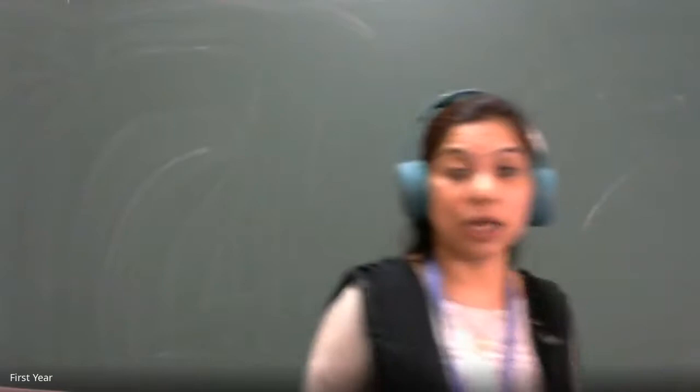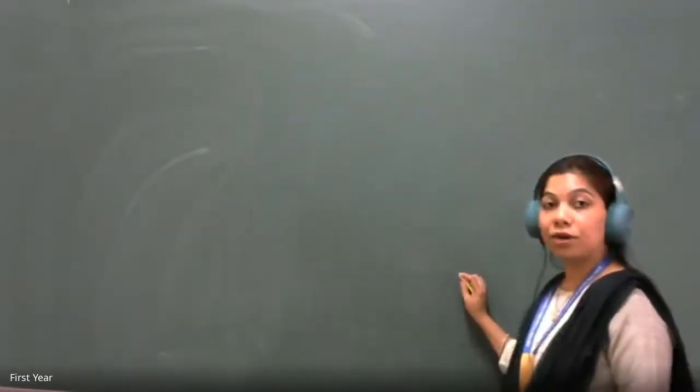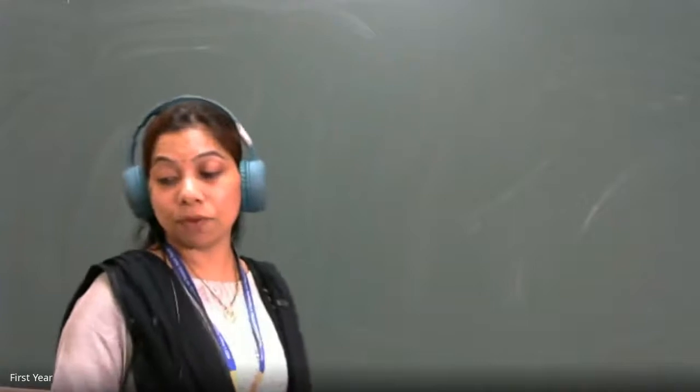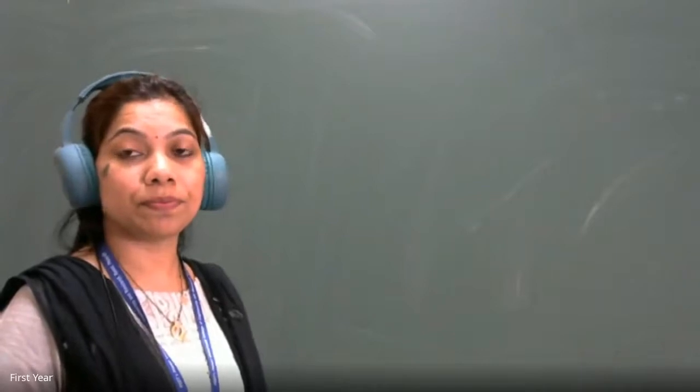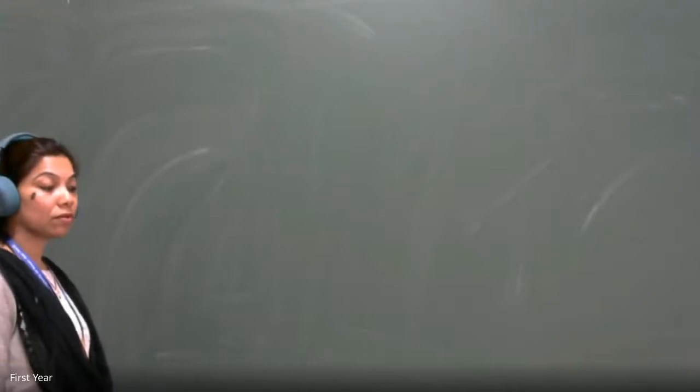The question is, take down, divide 120 in three parts so that the sum of the product taken two at a time is maximum.